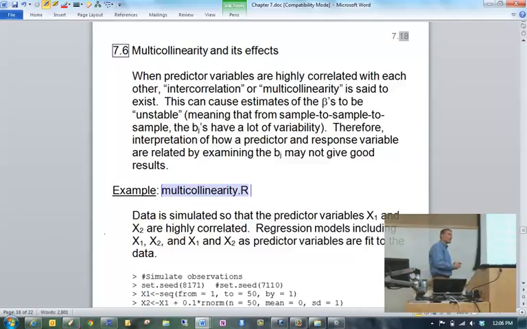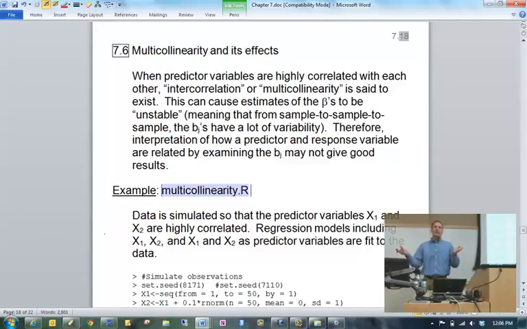In particular, you want to avoid situations where you have 2 predictor variables that are highly correlated. So in an extreme situation, let's say you have x1 and x2. Those are the only variables in your model. And let's say they have a correlation of 0.99.